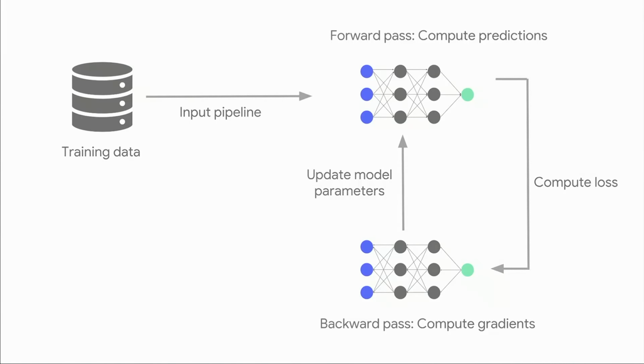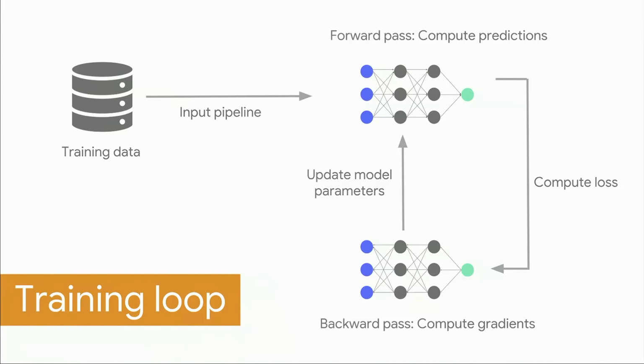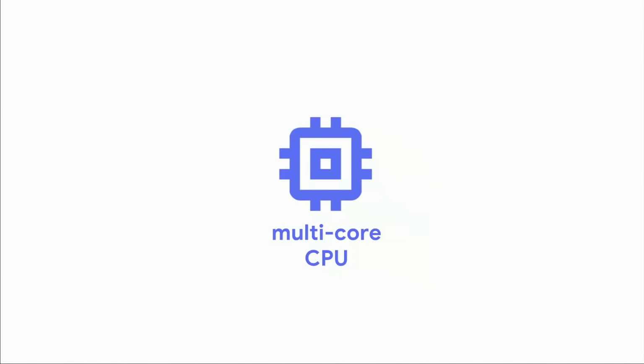This whole process is known as one training step. And the training loop repeats this training step until you reach the desired accuracy. Let's say you begin your training with a simple machine under your desk with a multi-core CPU. Luckily, TensorFlow handles scaling onto a multi-core CPU for you automatically.